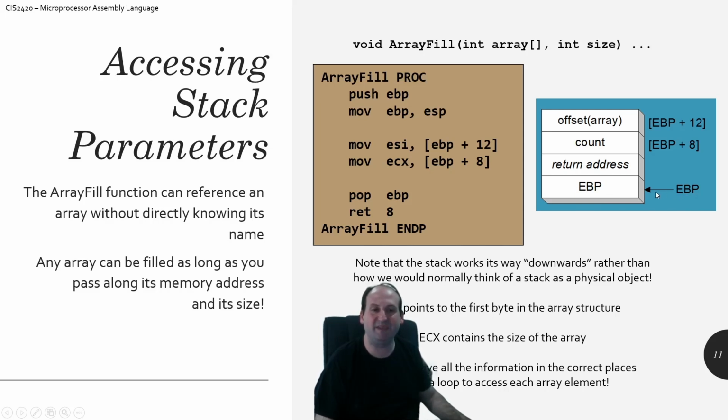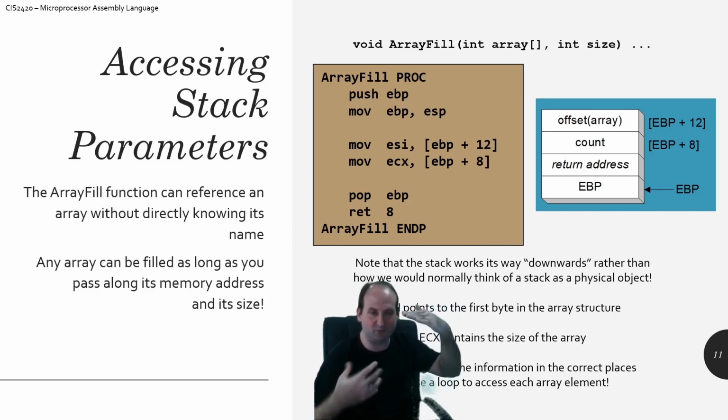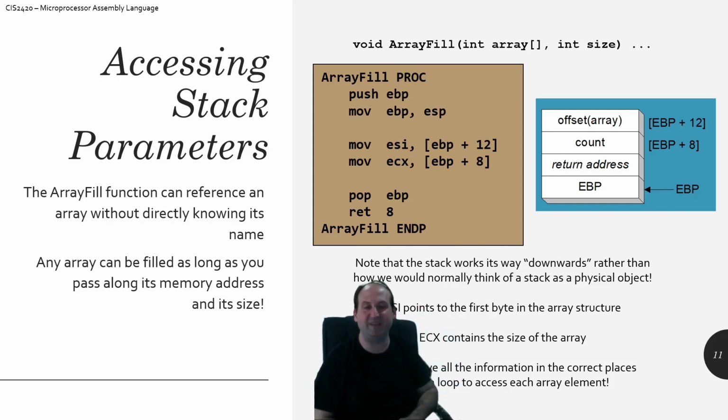So EBP, and then move EBP comma ESP. ESP always points to the top of the stack, so we can always move it one way or the other if we need to push or pop another piece of information. So ESP is pointing to the same place here, EBP is pointing here, and EBP is never going to be modified, because that's why we're making this a rock solid foundation.